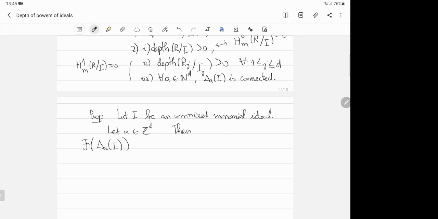The facets of the degree complex are every set of this type, where F is a facet of delta I, we know, F containing G, and such that x to the a plus does not belong to IF.